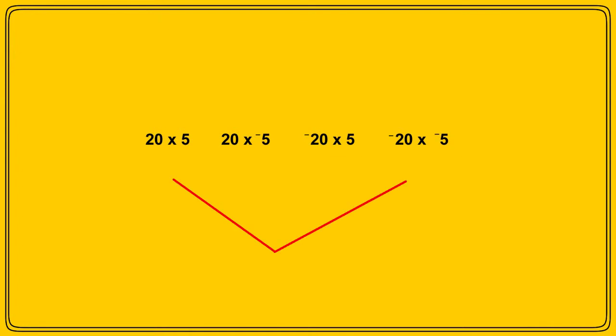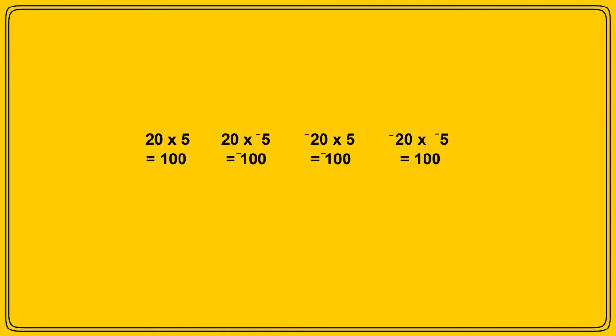In the first and last cases, the signs are the same, both positive or both negative, so the answers are both positive 100. In the second and third cases, the signs are different, one positive and one negative, so the answers are both negative 100.